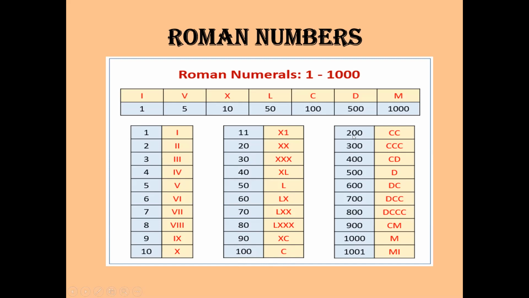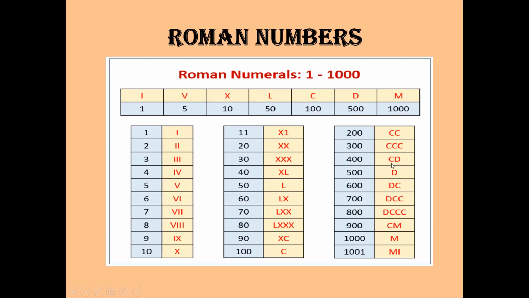200 means CC, 300 is triple C. As you know, C is 100. Next, how can we write 400? Already we have 500. So here 500, and we subtract 100.